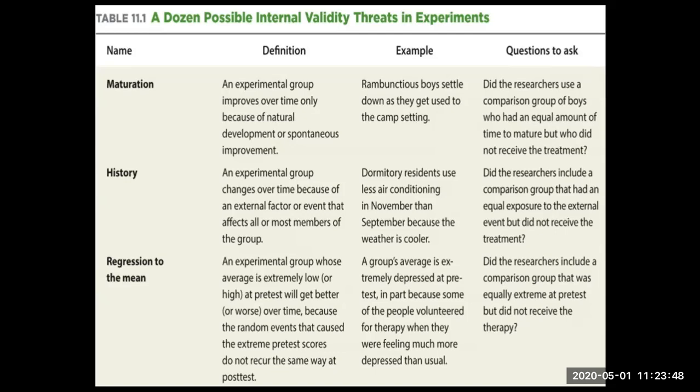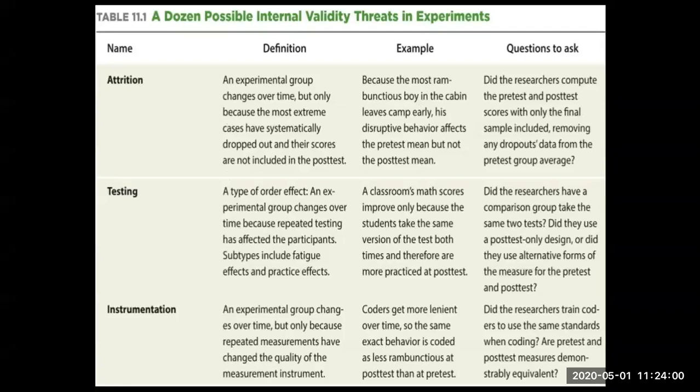Regression: did these people get less depressed because of therapy, or simply because they were extremely depressed at the start and this was just more towards their regular level of depression? Attrition: did we eliminate the scores, right? Did we see a difference in scores simply because the most rambunctious or the people that went back to smoking didn't come back for the post-test? If they did not, did we eliminate their data from the pretest?